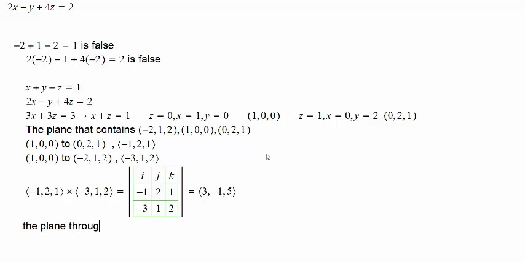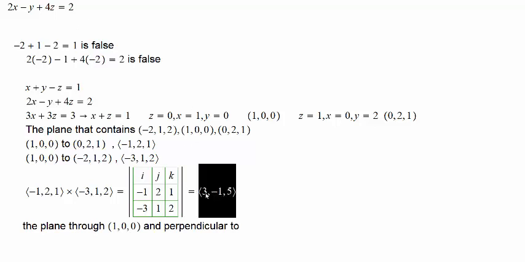So what we have is that we want the plane through, let me take our easy point, (1, 0, 0), which will be easy to compute. I mean, we know the original question said this point, but that will be contained anyway, right? And perpendicular to this vector right here. Okay, so what will that equation be?